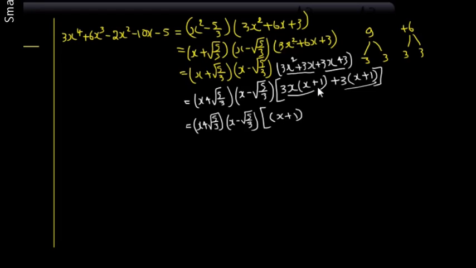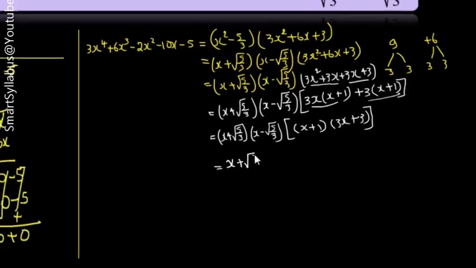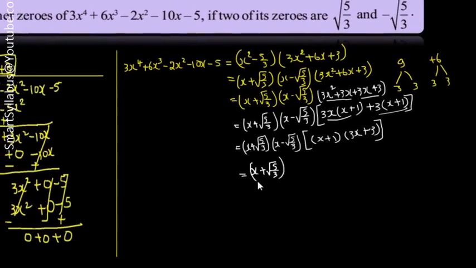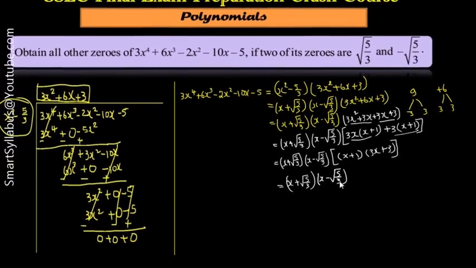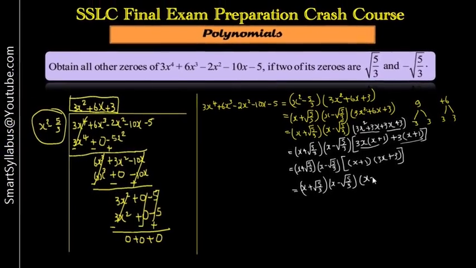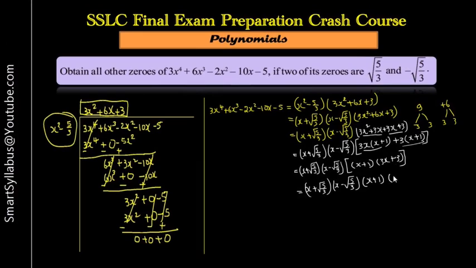From here x plus 1 is gone, 3x is remaining, plus from here x plus 1 is gone, 3 is remaining. Now that's equal to x plus root 5 by 3, x minus root 5 by 3, here x plus 1, here 3x plus 3.